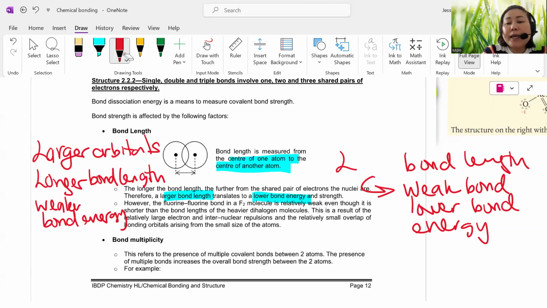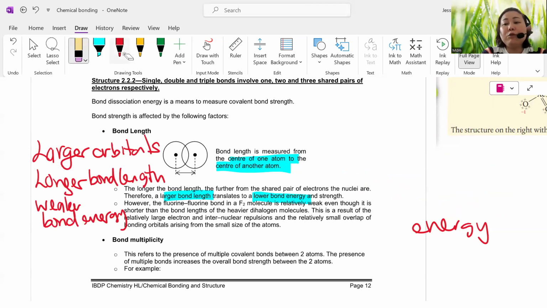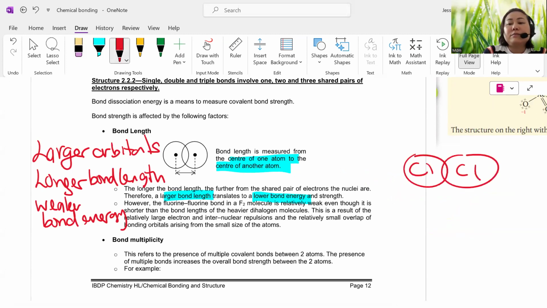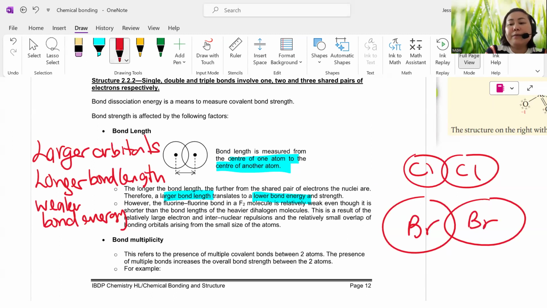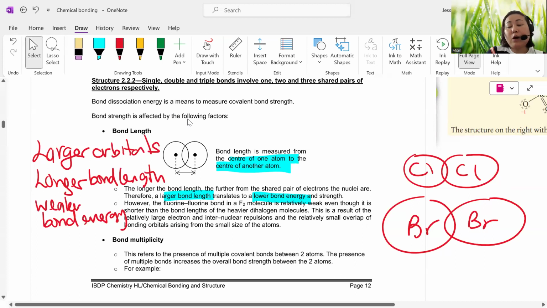Hence, if you look at the same group down the periodic table, you will find that if we move from chlorine, maybe to bromine, and then maybe to iodine, you'll see that the orbitals are getting larger, and the effectiveness of the overlapping actually becomes poorer. And there'll be a longer bond length as a result, and a weaker bond energy.